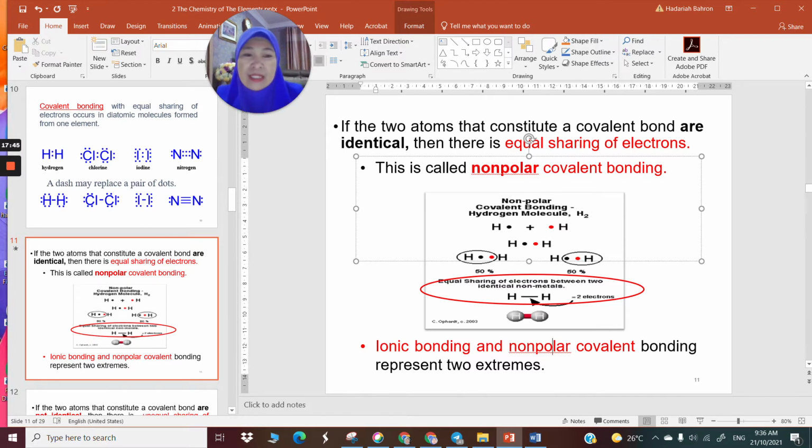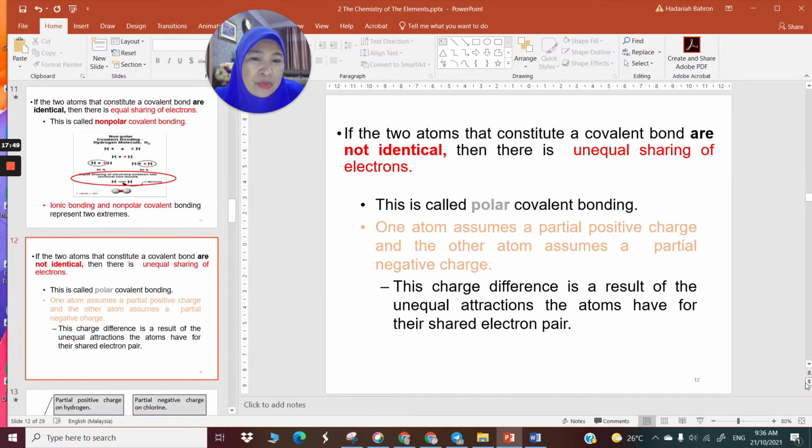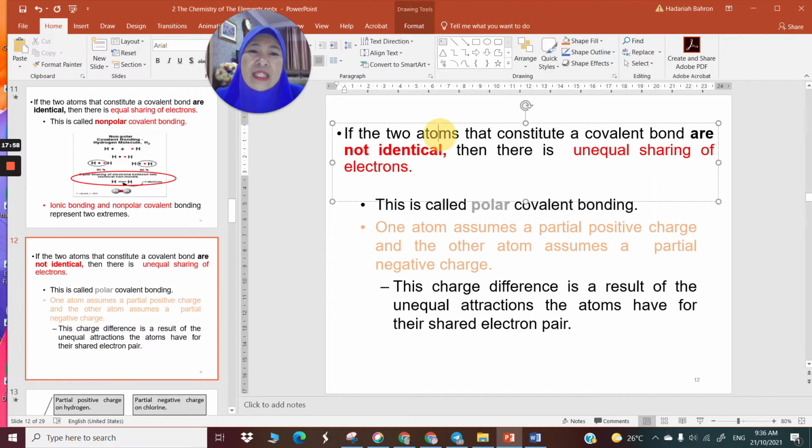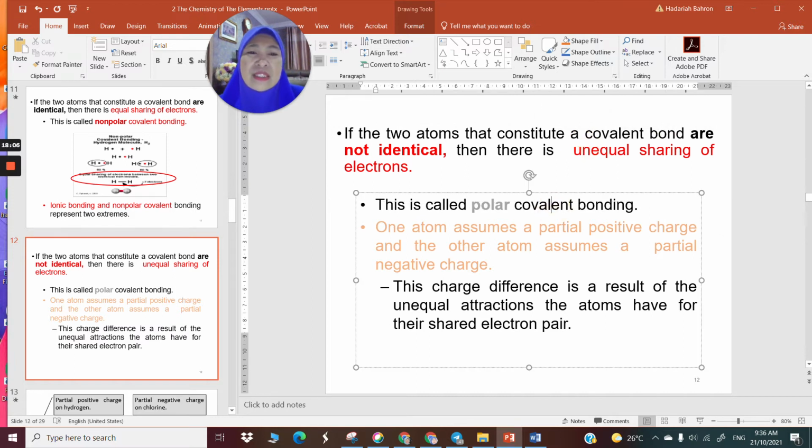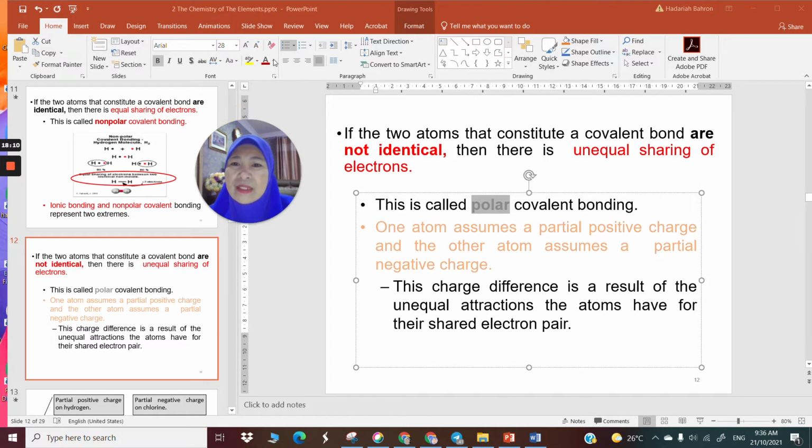None is stronger than the other. So these are the two extremes. But in between the two, you have unequal sharing of electrons. So if the two atoms that constitute a covalent bond are not identical, there is an unequal sharing of electrons. So this is called polar covalent bond. Let me make that red.